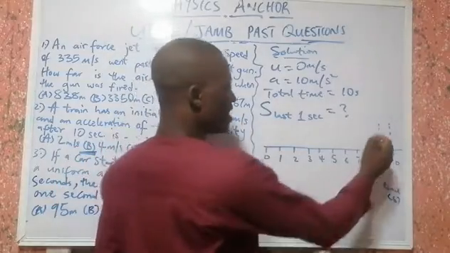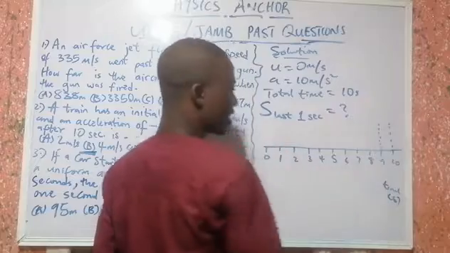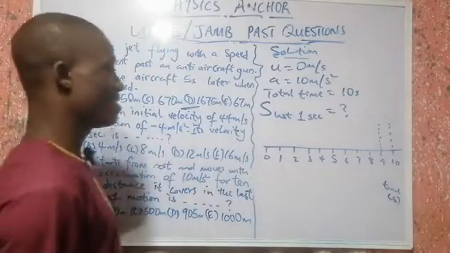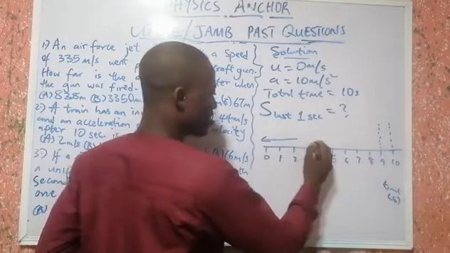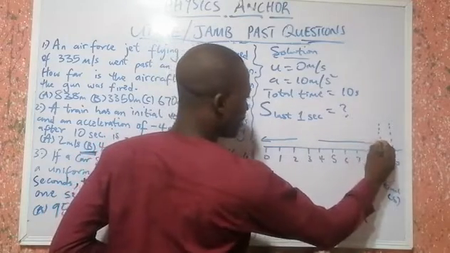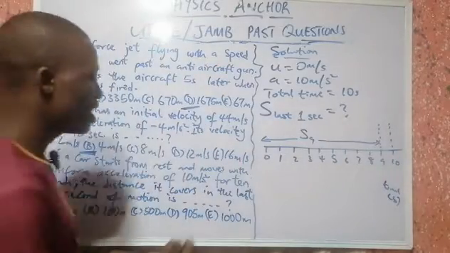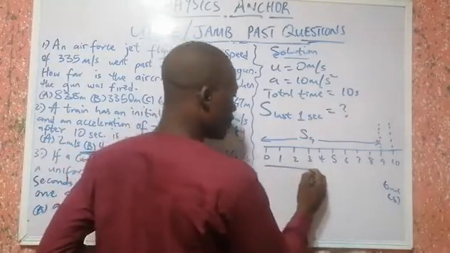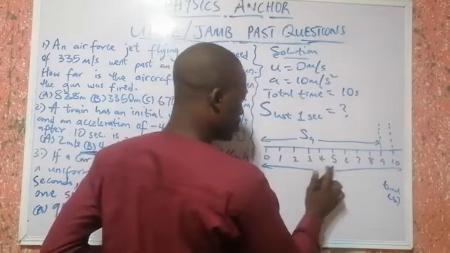And the only way we can do that is to first find the distance covered for 9 seconds. Let's call that S9. And the distance covered for the entire journey, which is 10 seconds, let's call that S10.